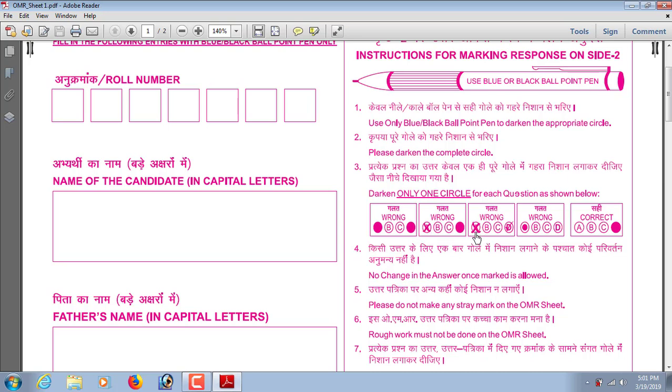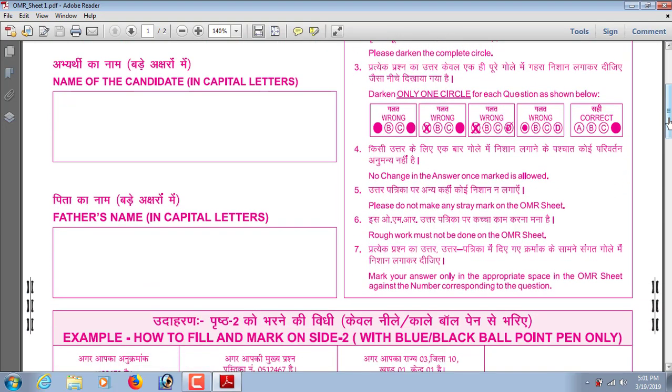Even if you strike off one and again give the right option with a right sign, that is also wrong. So be careful, and you are not supposed to fill an incomplete circle. Darken the complete full circle with your blue or black ball point pen. There is no change in the answer once marked. So once you answer it, you are not supposed to change. Before you answer, be careful.